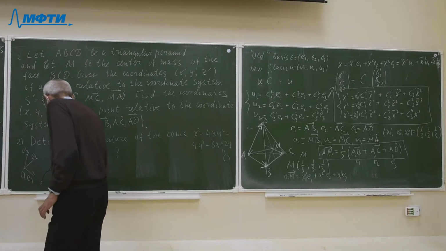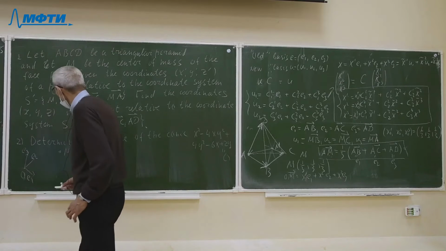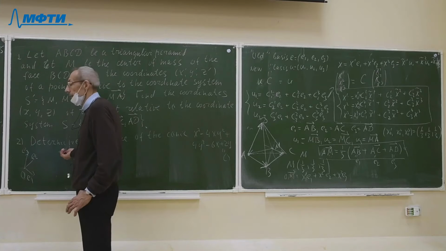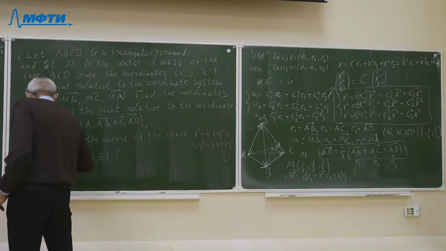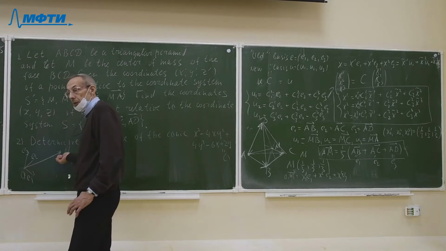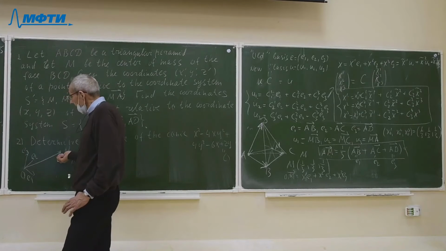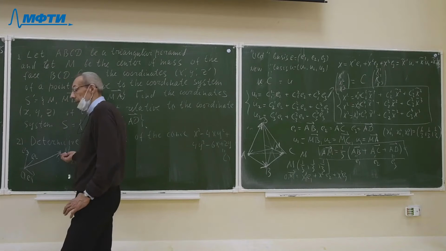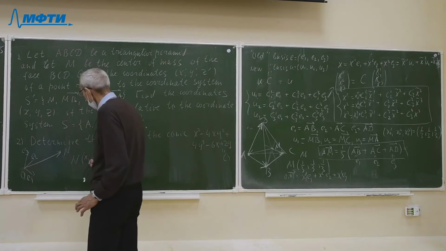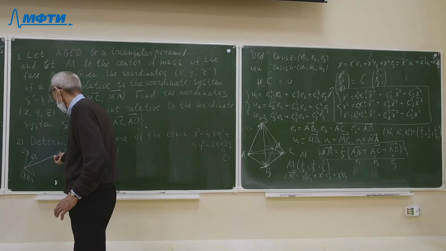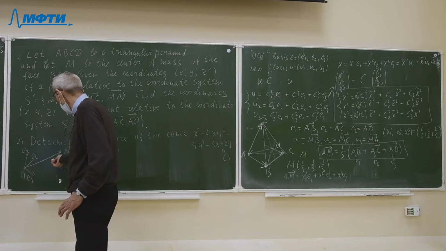If you consider an arbitrary point N, we connect with this point the so-called radius vector ON. By definition, the coordinates of the point N are the coordinates of its radius vector ON.